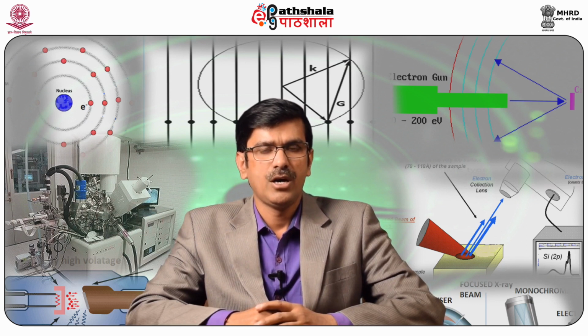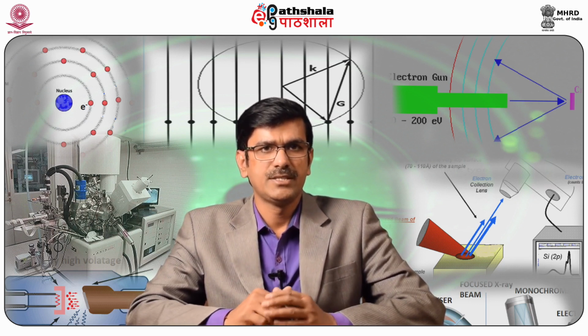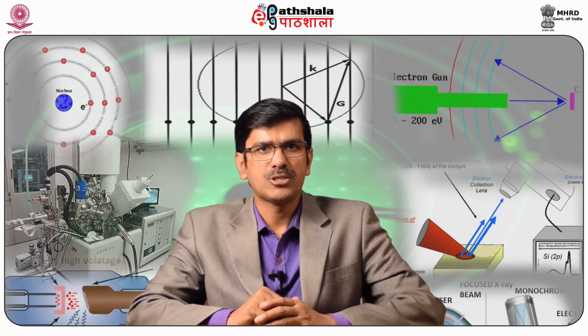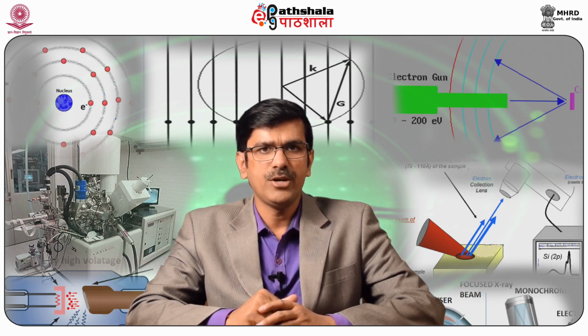Number 2, unwanted portions of the X-ray spectrum, that is satellite peaks and the Bremsstrahlung continuum, are also removed. Number 3, for maximum sensitivity, a twin anode X-ray source is usually positioned as close to the sample as possible.